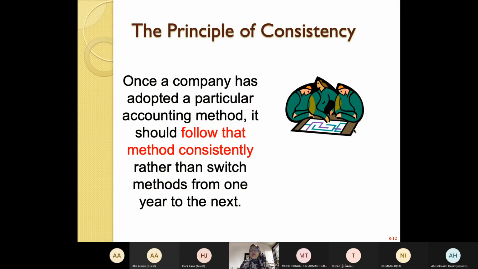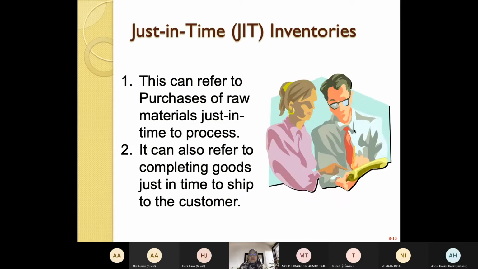You cannot switch from one method to another. If you want to switch, you can, but you have to put that in the notes to the accounts, and you must get approval from the board of directors first when you want to change your accounting method. It's not simply just, right?